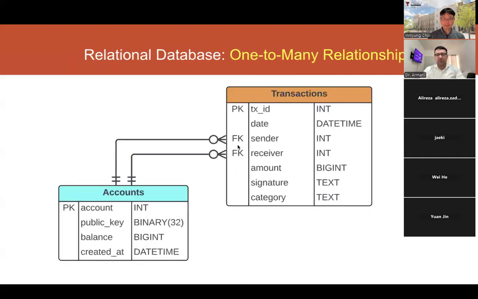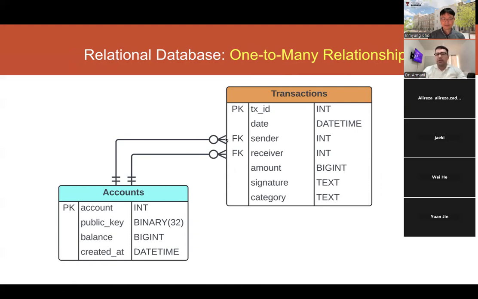So using the complete Crowfoot notation, we can connect the transactions to accounts like this, and we see that a transaction is associated with one account and only one account as the sender, because of course a transaction must have a sender. But an account can be the sender in no transaction or multiple transactions.